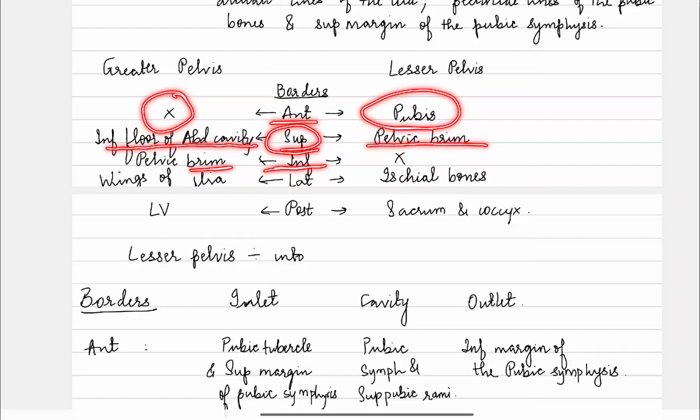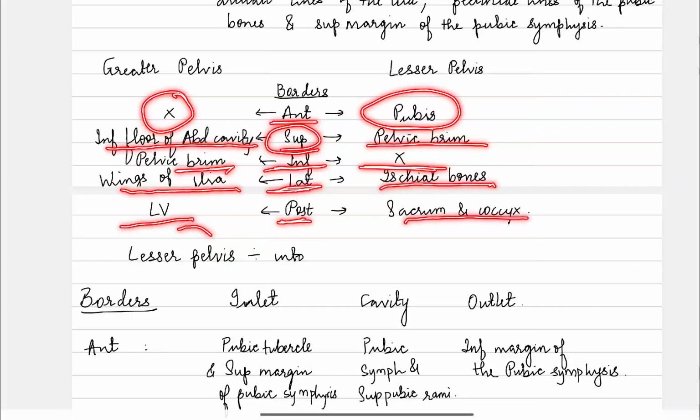Inferior of the greater pelvis is pelvic brim and lesser pelvis there is nothing. Laterally, greater pelvis is surrounded by wings of iliac and lesser pelvis by ischial bone. Posteriorly, there is lumbar vertebrae of the greater pelvis and sacrum and coccyx of the lesser pelvis.